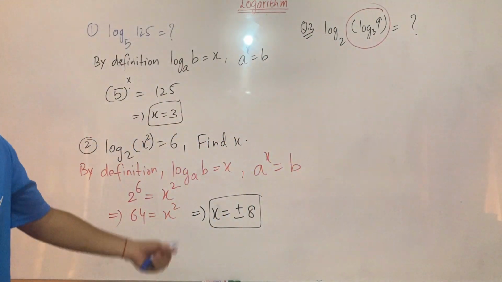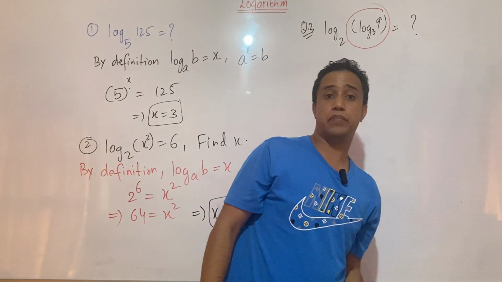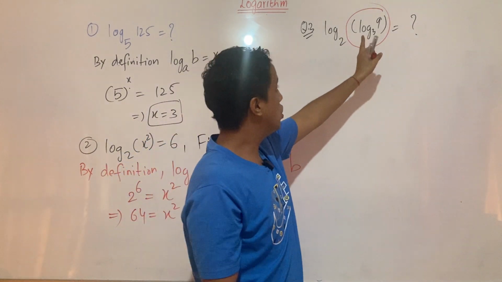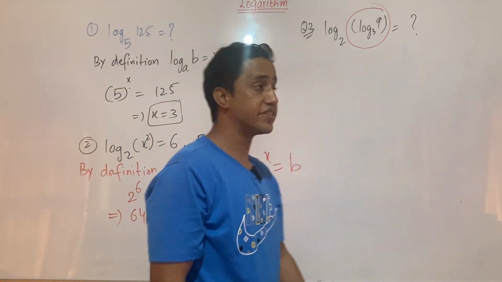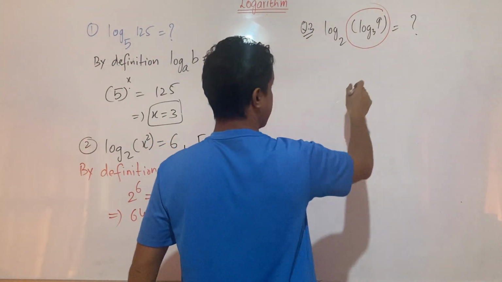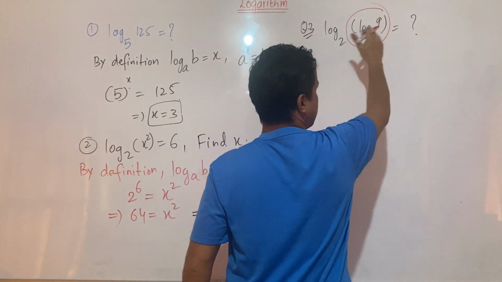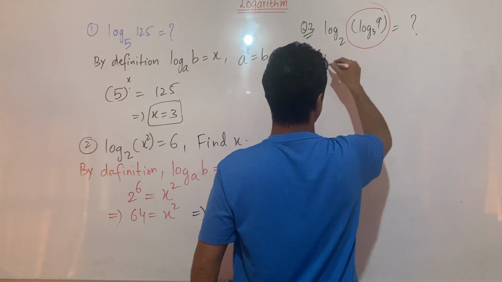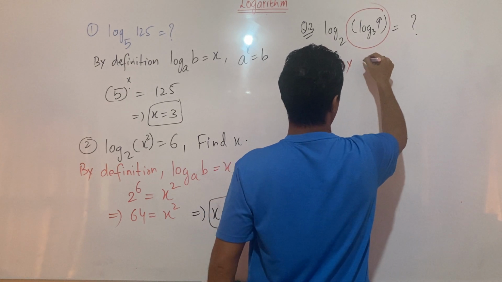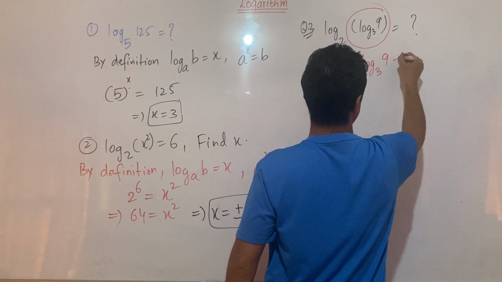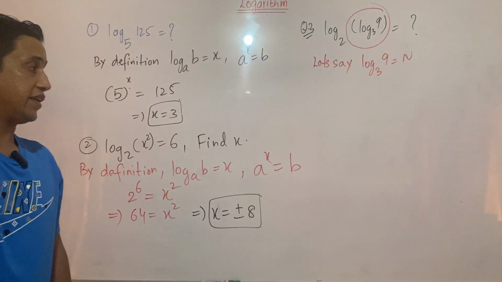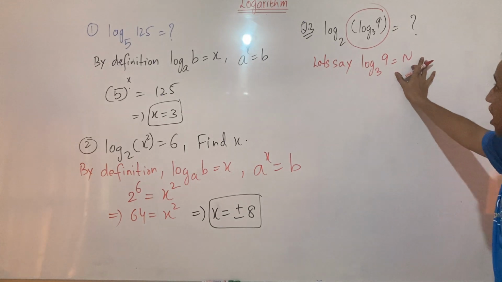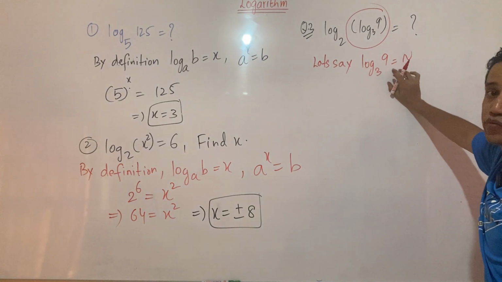If this thing is a positive real number, then things will get sorted out very quickly. So we have to do something about it. We can say that this thing is b, because log of b to the base a. Let's say log 9 to the base 3 is n, and we have to find n.